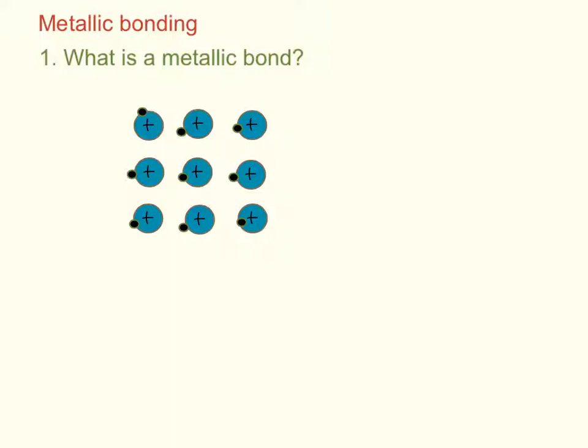Okay, so a metallic bond is a bond that occurs between metal atoms. And it's different than ionic and covalent bonding for a number of reasons. So first let's talk about what a metallic bond is. A metallic bond happens between atoms of metals, so let's say that these are metal atoms.